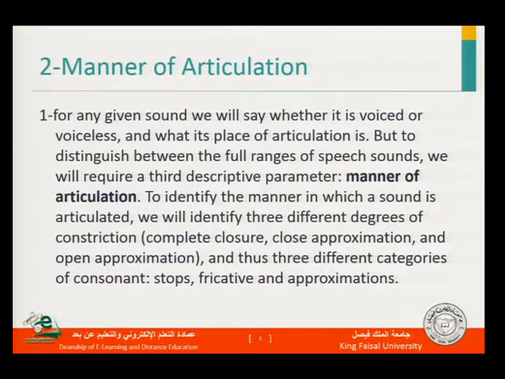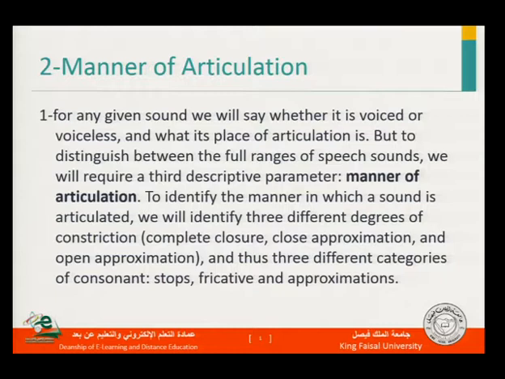In other words, now I have the 3 parameters. Suppose I want to give you an example, which is the sound ka. If I use the first parameter, it would be voicelessness. And as such, I will say that the ka is voiceless. The second parameter is place of articulation. The ka is velar.